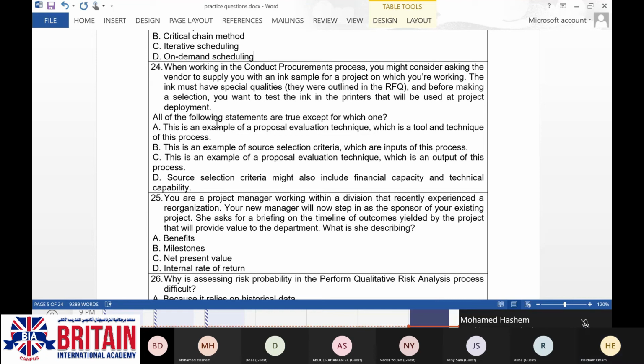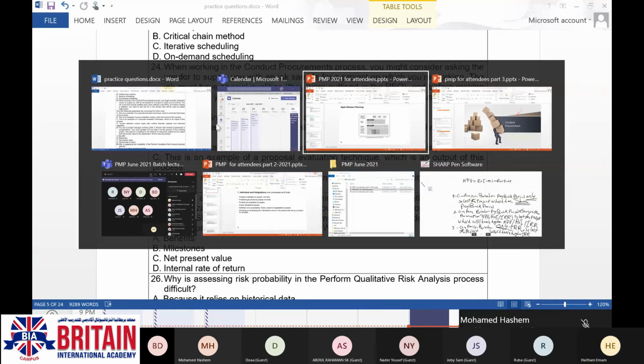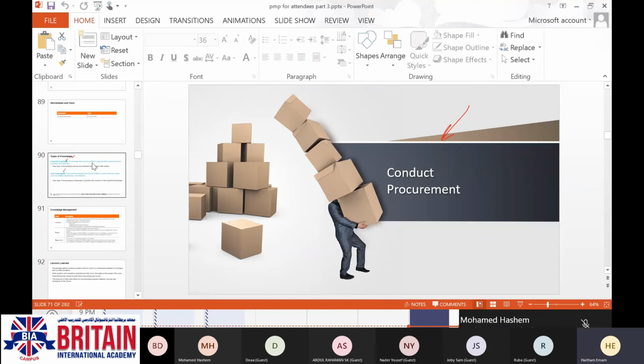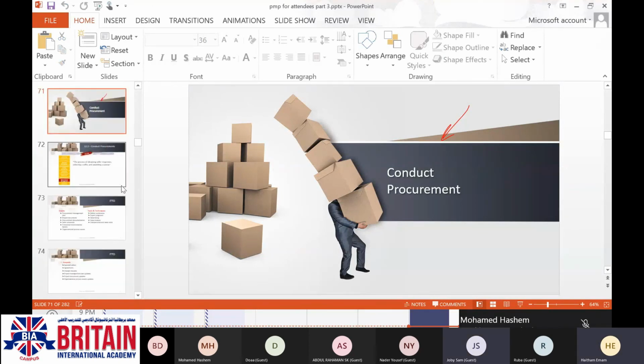Right or wrong? Can you just give it a thought again? Can you just repeat that again? You want me to repeat it? Yes, just repeat it once more. Okay. Let me show you one thing. That is conduct procurement, right? Right.